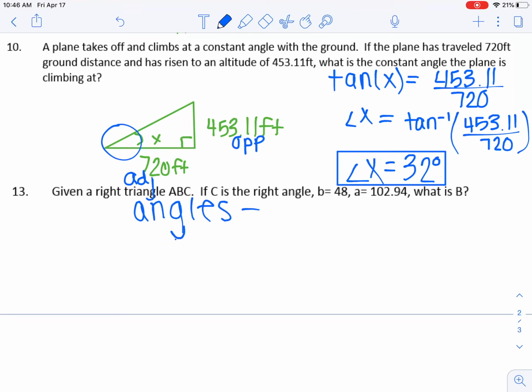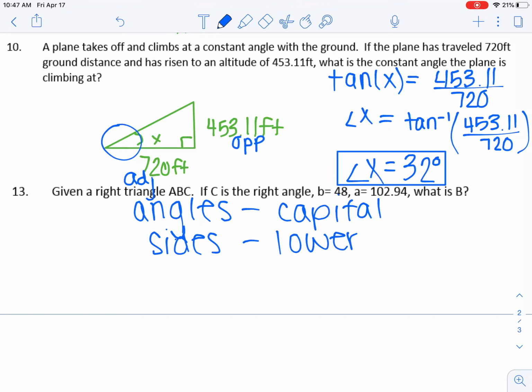Our angles are the capital letters, and then our sides are the lowercase letters. Okay, so if we draw our triangle, we know that C is the right angle.